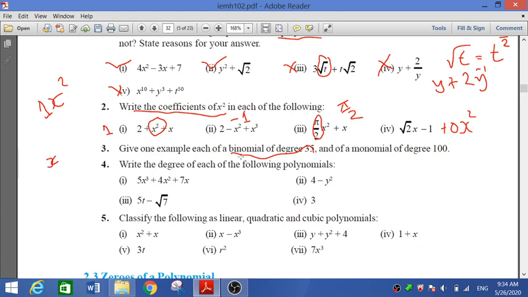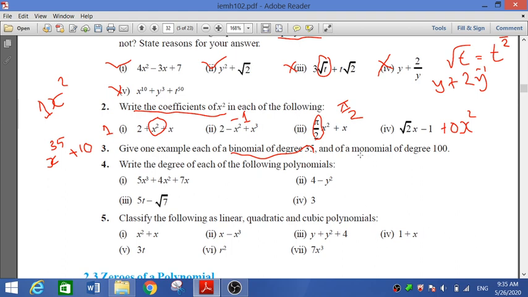Power I have to write 35, plus anything you can write. You can write anything. Give an example of a binomial with degree 35. So I can also write 10. You can write x, you can write y, anything you can write.